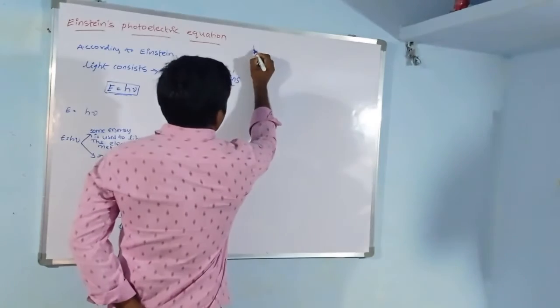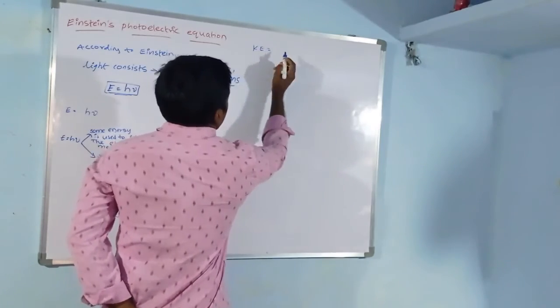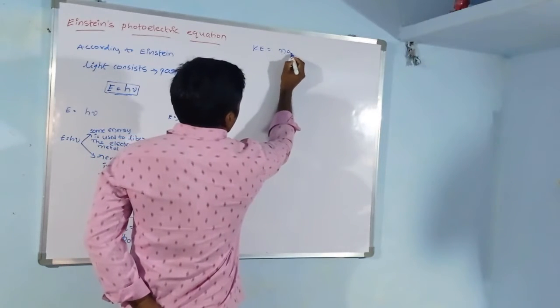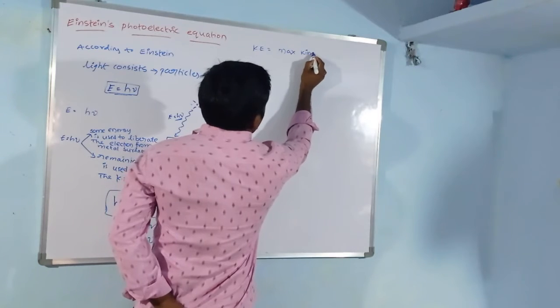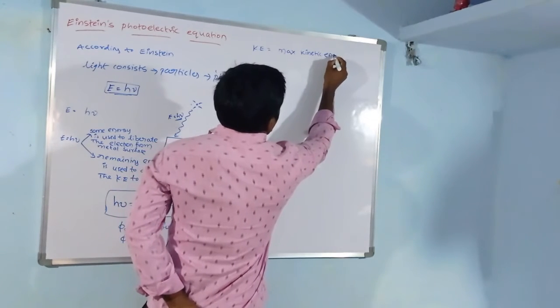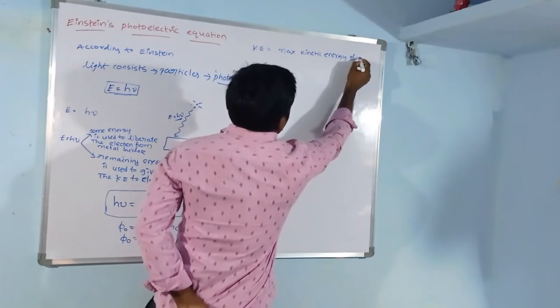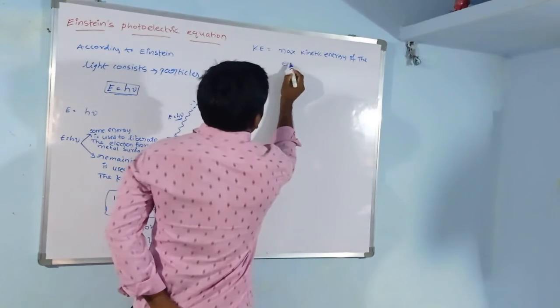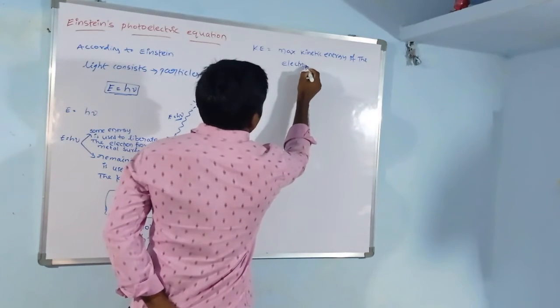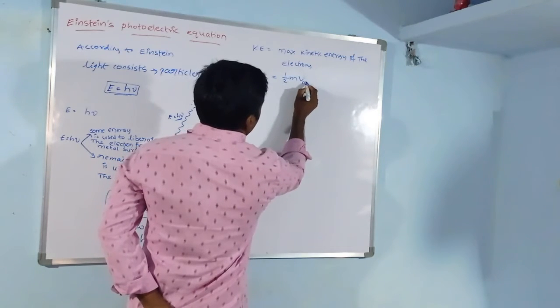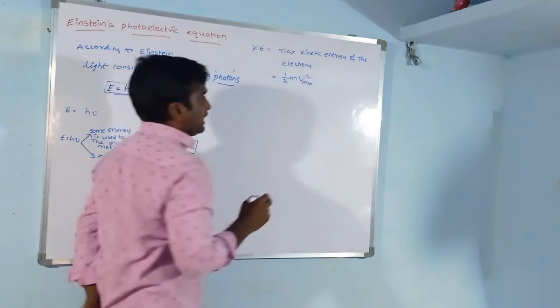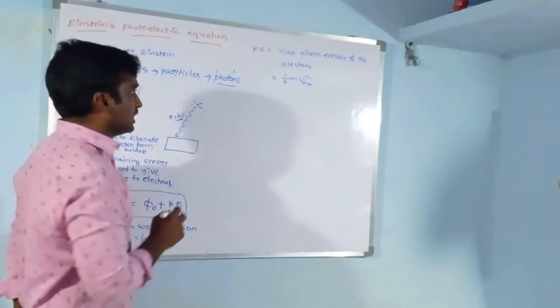Next, KE is the maximum kinetic energy of the electrons, which is half m v max squared, where v max is the maximum velocity.